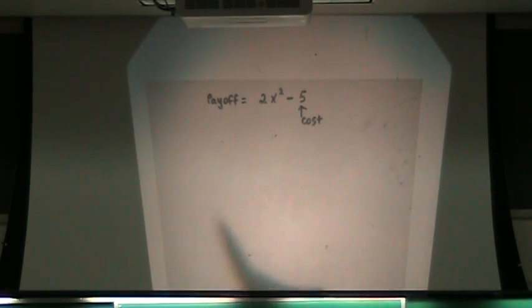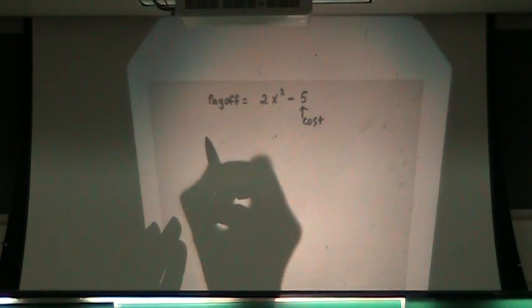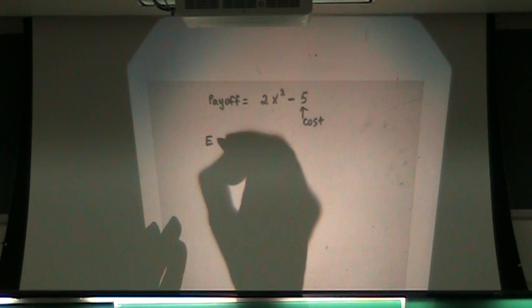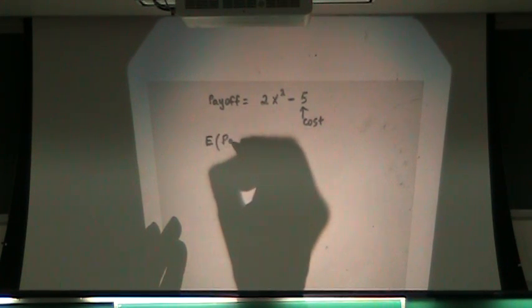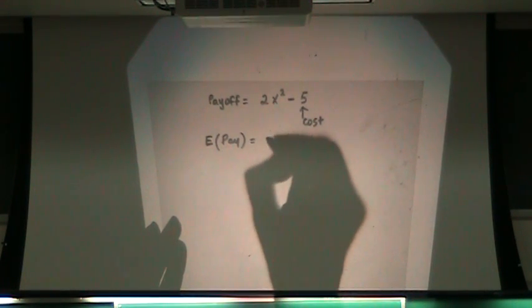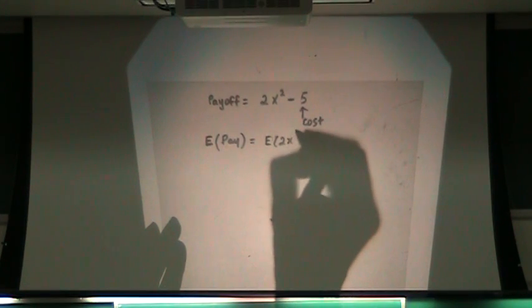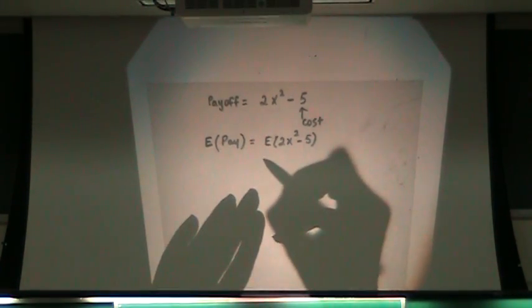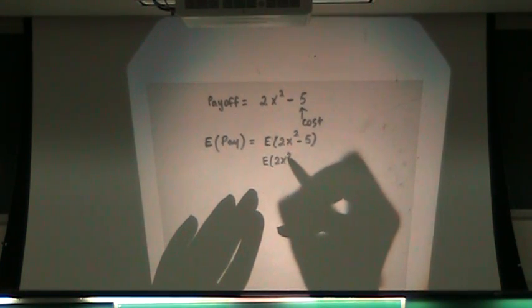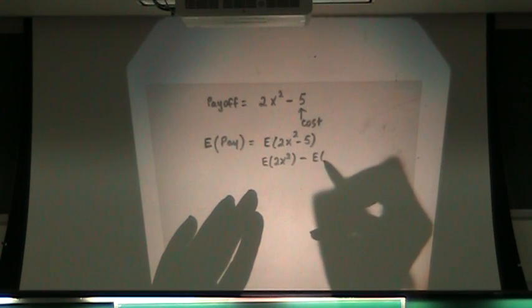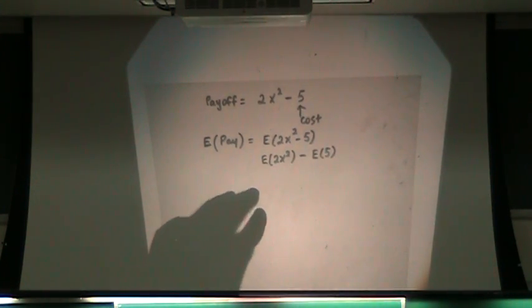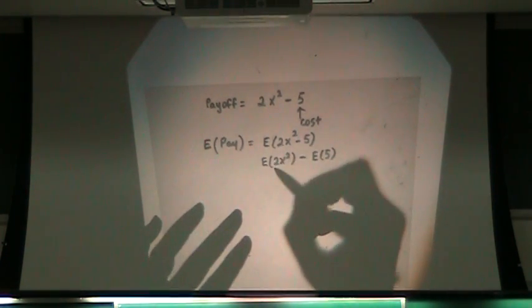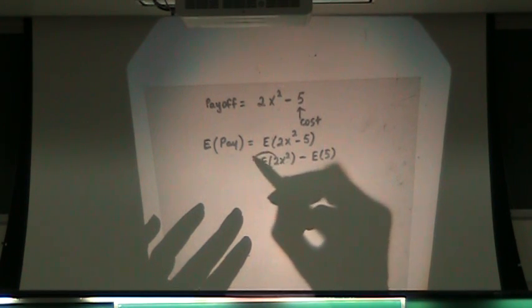So I'm going to find the expected value, right? Find expected payoff. So E of payoff equals E of 2x squared minus 5. So this would be E of 2x squared minus E of 5. Let's pull the 2 out.